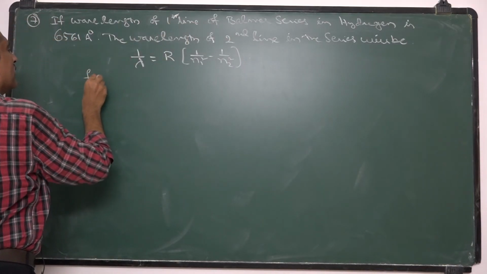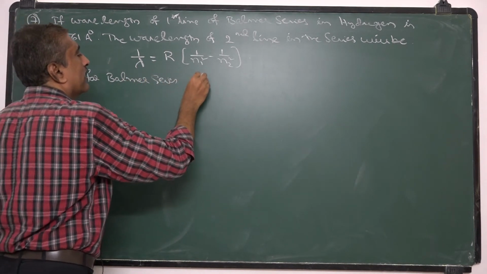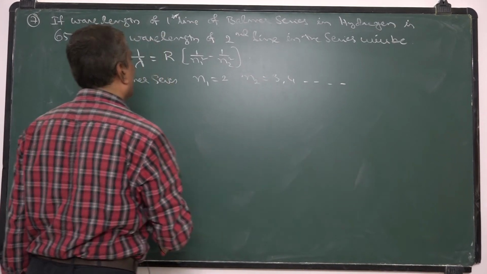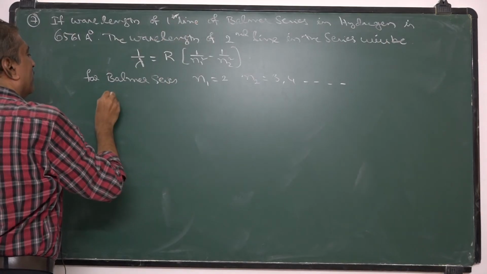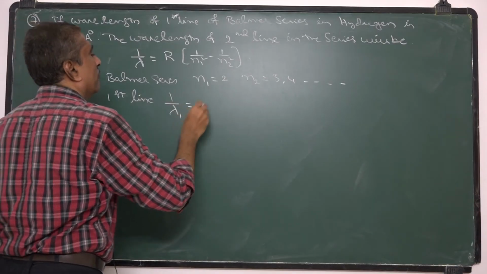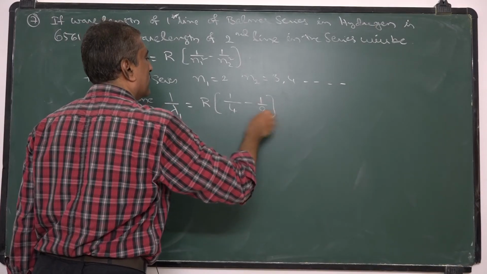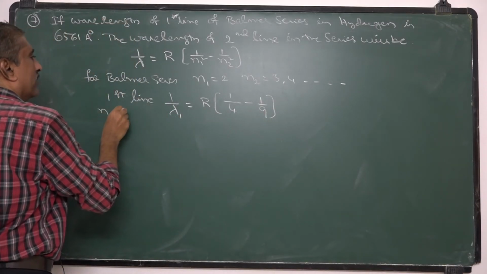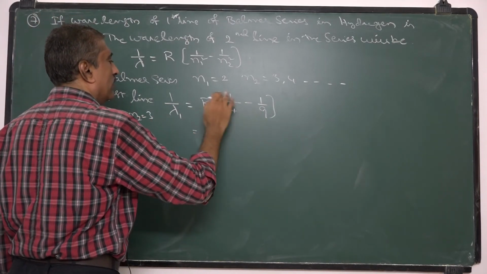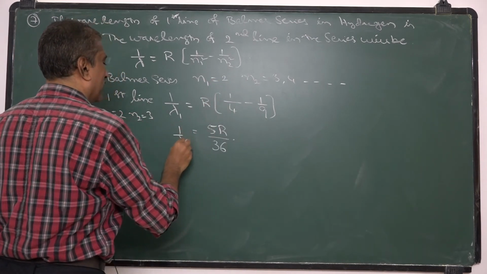For Balmer series, n1 is 2, n2 is equal to 3, 4, etc. For first line, 1 by lambda 1 equal to R into 1 by 4 minus 1 by 9, because for first line n1 is 2, n2 is equal to 3. So from this we can write 5R by 36, that is 1 by lambda 1.